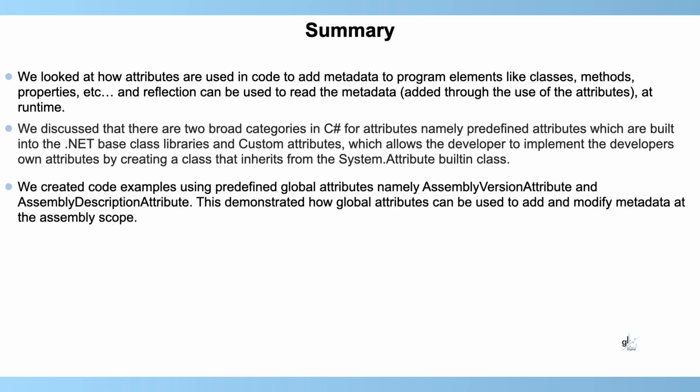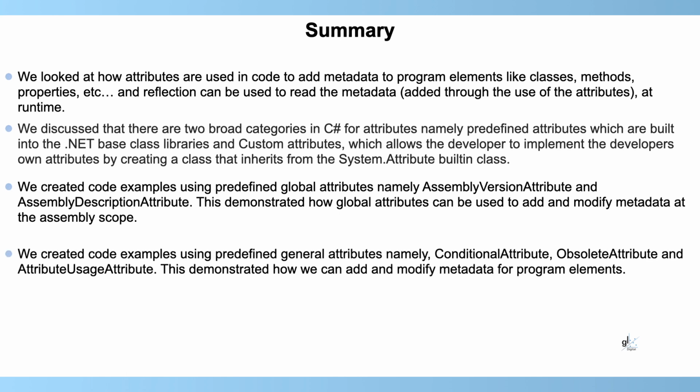We created code examples using predefined global attributes, namely AssemblyVersion attribute and AssemblyDescription attribute. This demonstrated how global attributes can be used to add and modify metadata at the assembly scope.